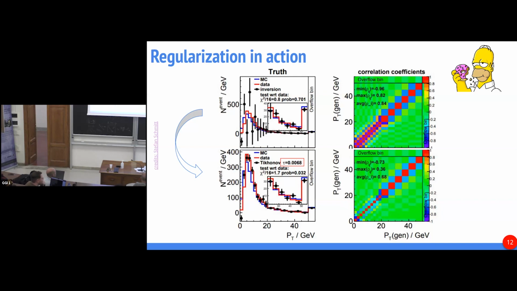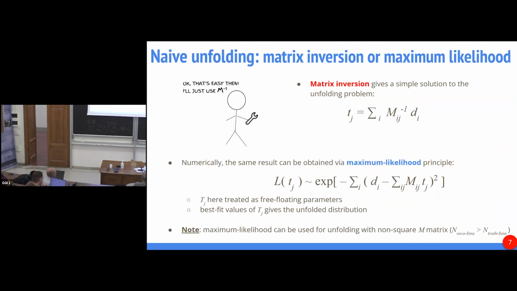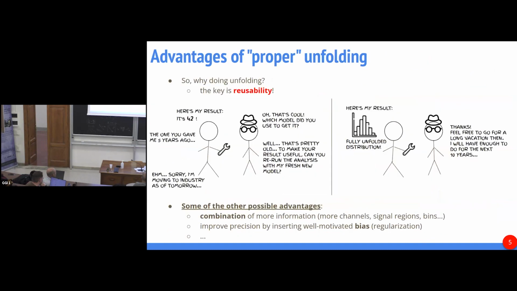Okay, thanks. If you can show the slide with the cartoons, the one before with the hat. What you say is of course true, but there is also the other pitfall that you exaggerate with unfolding.